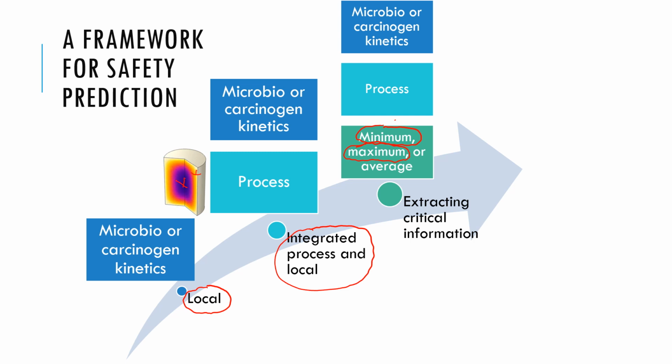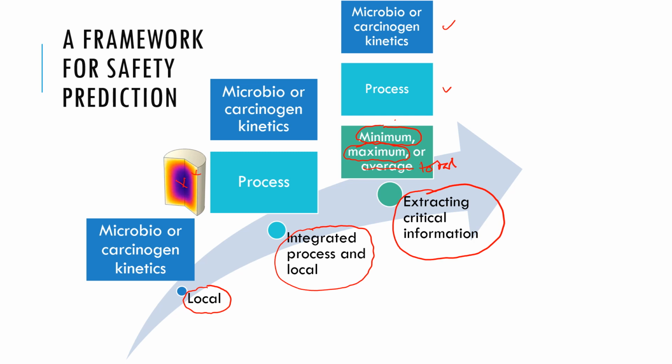It could be a total amount, let's say, of carcinogen formation. So all of these are extracting critical information after we have combined the microbiological physics with the process physics. This is the added step that we are seeing in this slide.